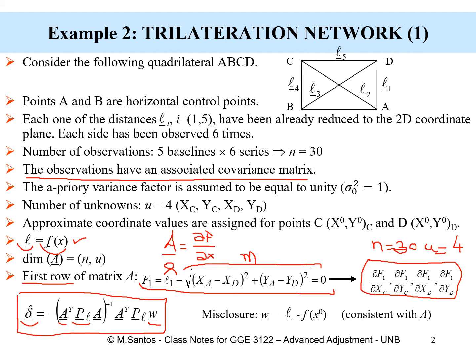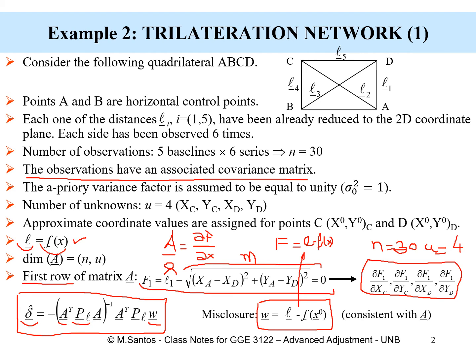What else? The misclosure vector. Look here, the misclosure vector has been written to satisfy the mathematical model. We wrote the mathematical model as L minus F(x), so the misclosure vector has to satisfy that.